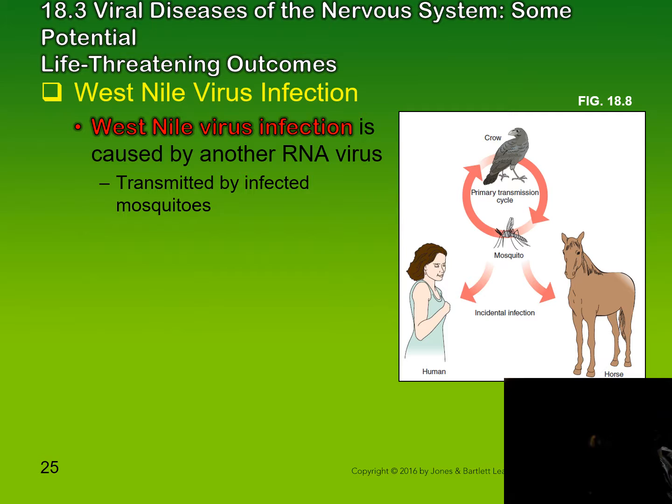The virus reproduces and makes more copies of itself in the bird, but isn't causing disease in the bird. Then from the bird, another mosquito can take a blood meal from the crow and then go on to infect humans or a horse.